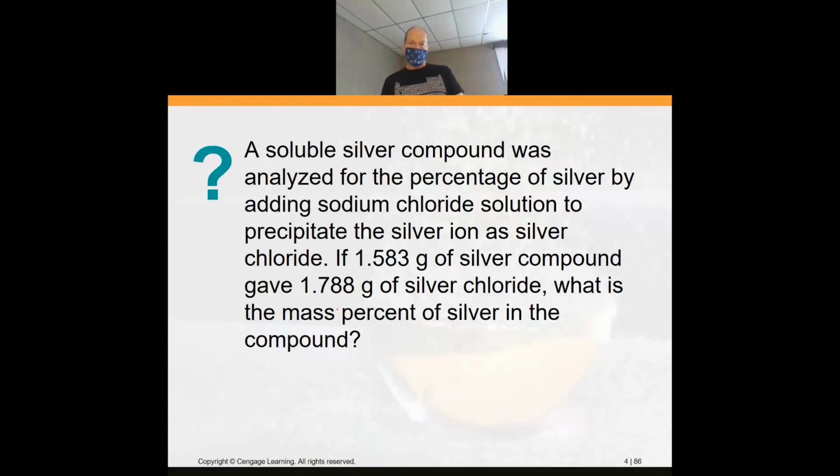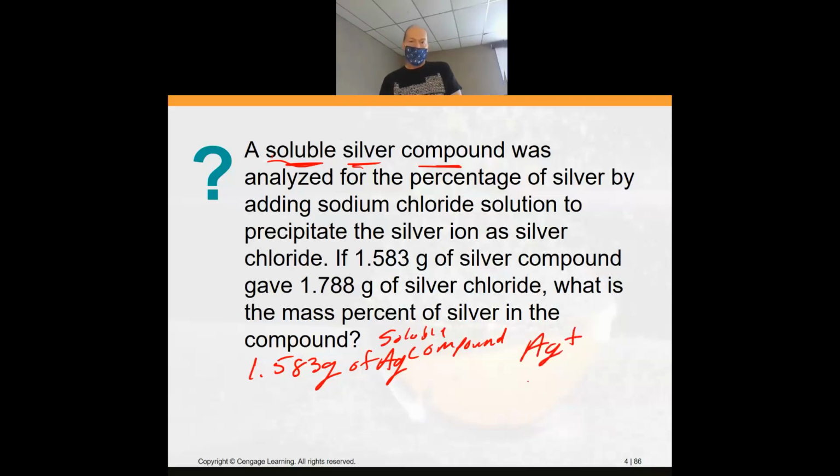A soluble silver compound was analyzed for percent silver by adding sodium chloride solution to precipitate the silver ion as silver chloride. We have 1.583 grams of silver. This is a soluble silver compound. That means that we have Ag plus.